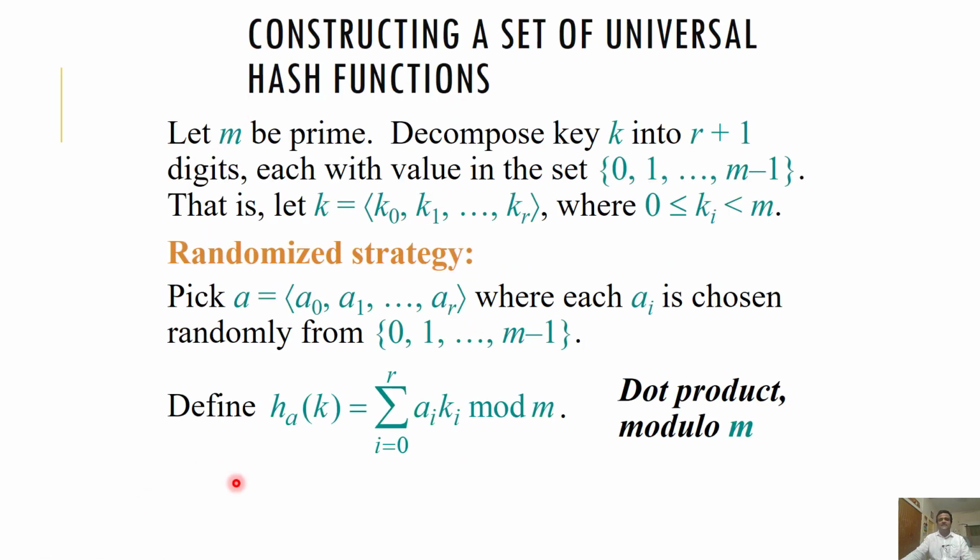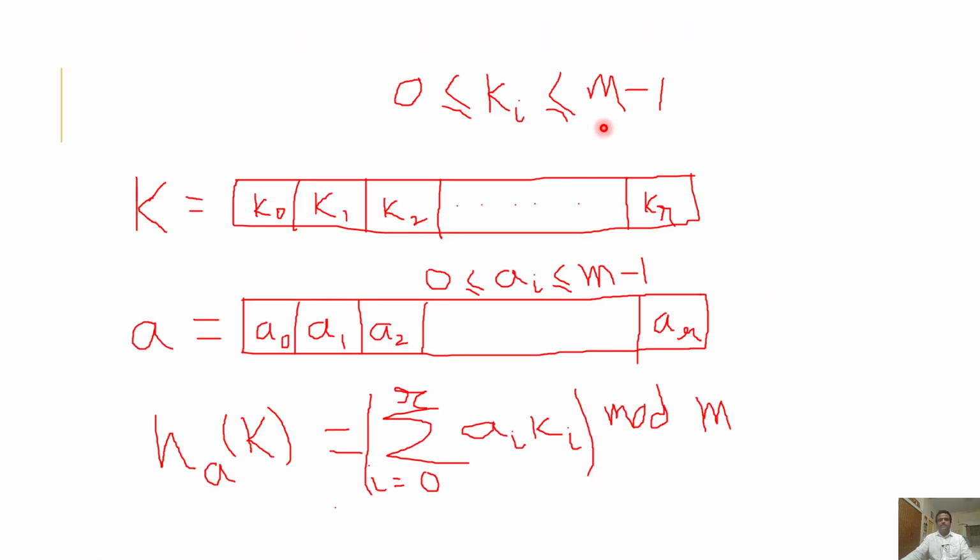Now, let us take an example of a universal hash function, the construction of a universal hash function. So, suppose we break the key into r plus 1 blocks, R0 to Rr, and each block is a value from 0 to m minus 1.